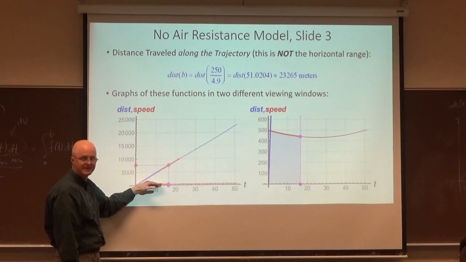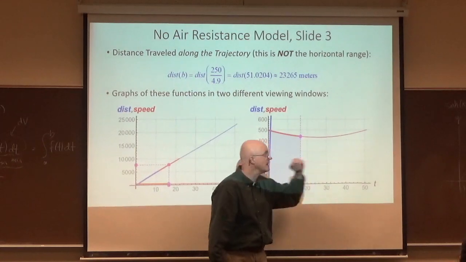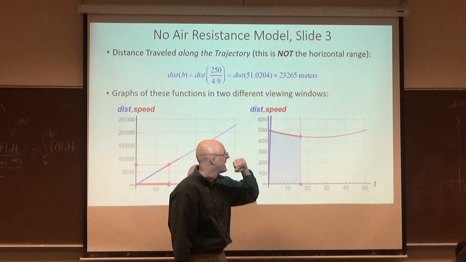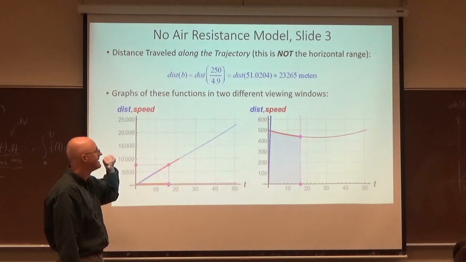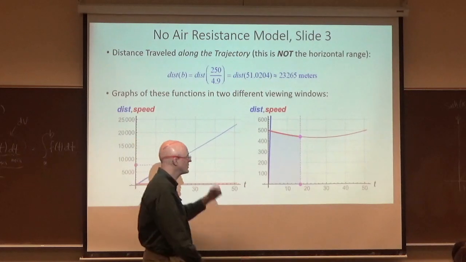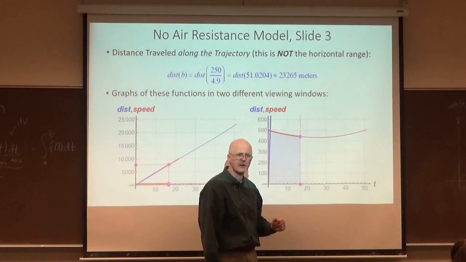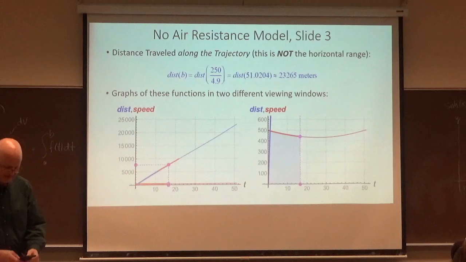This one looks horizontal, but it's not. You look closer, it's actually like this. Kind of looks like a parabola, but it's not because it's a square root of a parabola, actually, which is not a parabola. It does have a minimum, which should make intuitive sense halfway along the time interval to the end. I forgot what b was, 50 something? 250 over 4.9.